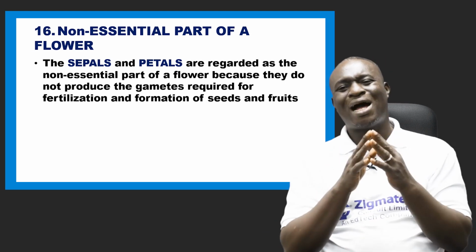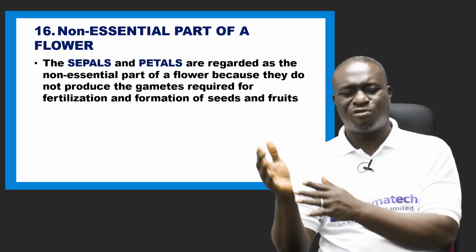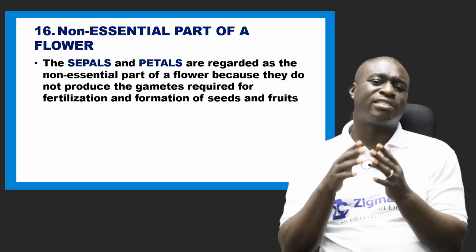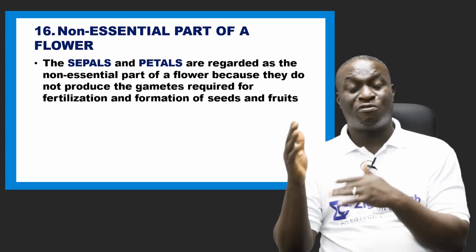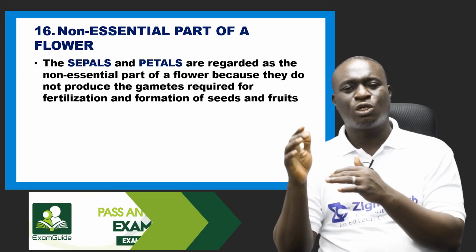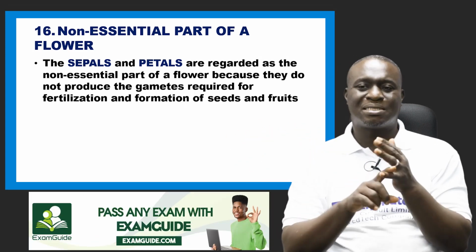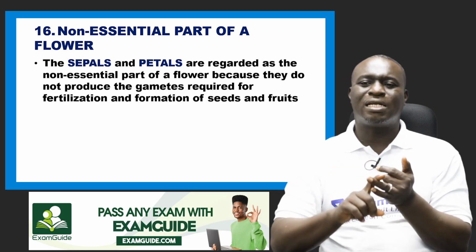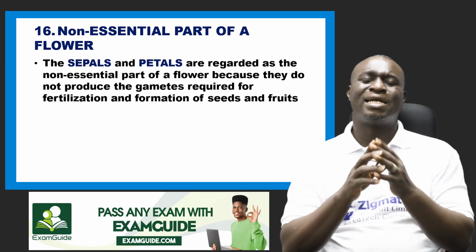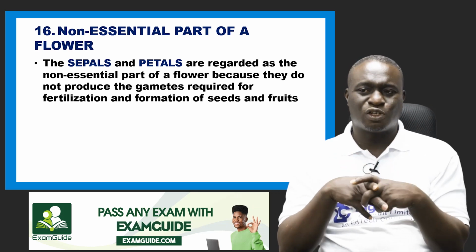And then we also have the non-essential parts of the flower. The non-essential parts of the flower include the sepals and the petals. So sepals and petals are regarded as non-essential parts of the flower.